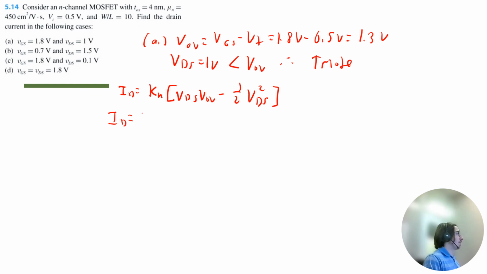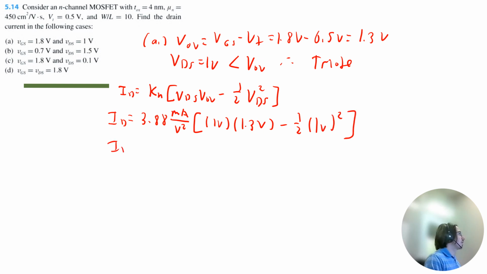So that is 3.88 milliamps per volt squared times V_DS, which is 1 volt, times V overdrive, 1.3 volts, minus 1/2 times V_DS, 1 volt, squared. So I get a drain current of 3.104 milliamps.